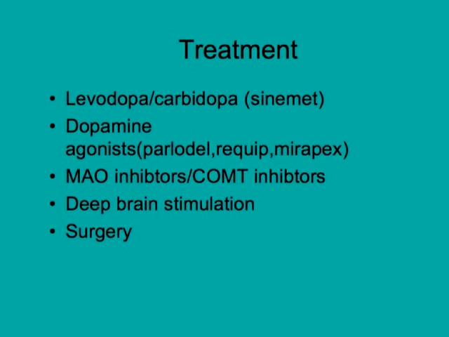The third kind of medications are MAO inhibitors and COMT inhibitors. MAO and COMT are the enzymes which catalyze dopamine. Any neurotransmitter in the brain which is produced is destroyed by certain enzymes. So once dopamine is produced in the brain, there are enzymes which are going to destroy the dopamine.